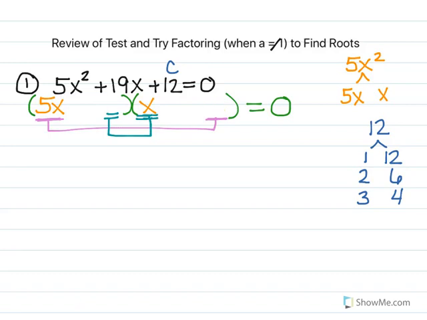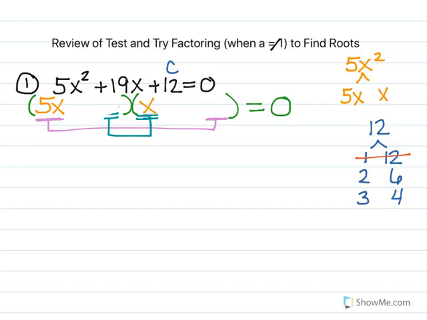If I move it to the first parenthesis and put the 1 over here, 5x and 1 give me 5x, 12 times x gives me 12x, and 12x plus 5x will give me 17x. So that's not going to work either, because I need them to add up to 19x. So it's that kind of thought process that you're going to have to do in your head, again, or on paper to figure it out. But we know that 1 and 12 won't work.